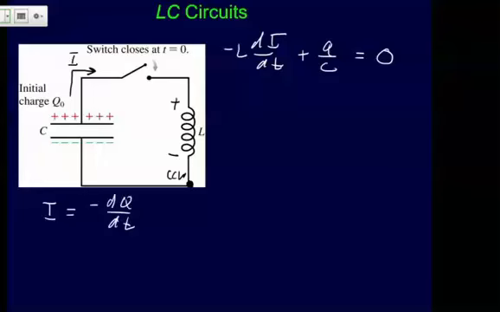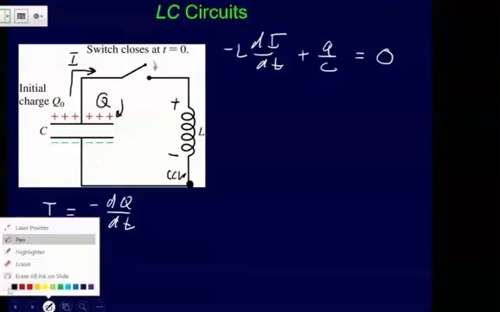The first thing we're going to say is that the current is going to be negative dq/dt. The reason it's negative is because charge is leaving that capacitor. Q is how much charge is on that capacitor, so as the current moves away, you're going to be reducing that Q. It's good to define Q as the charge on the top of the capacitor.